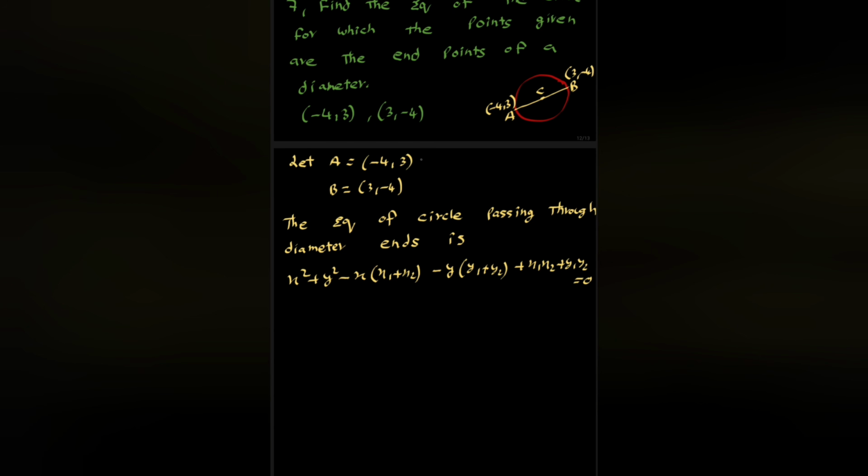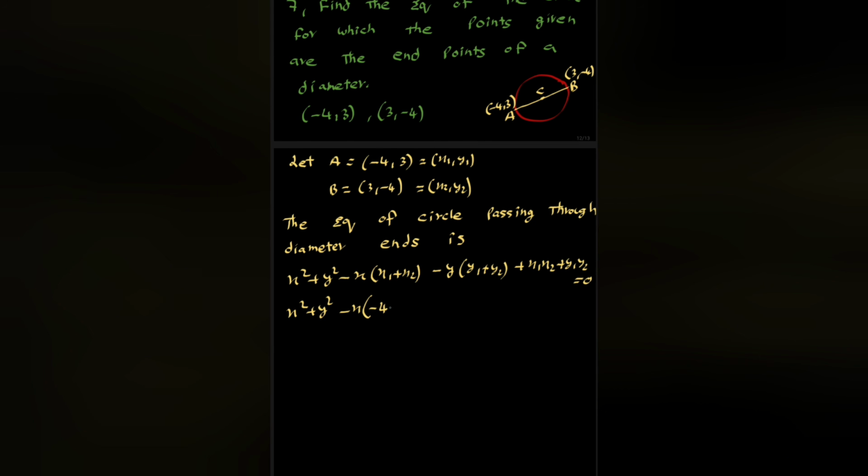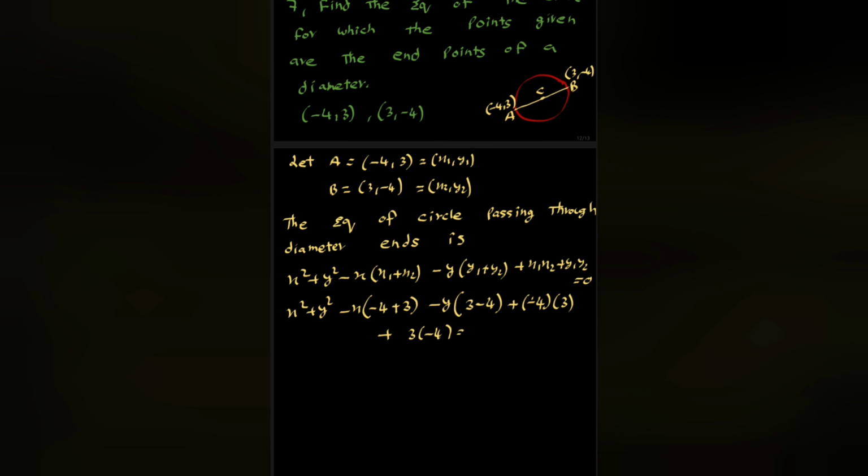So let A is equal to x1, y1 and B is equal to x2, y2. So substitute, we get x square plus y square minus x into x1, that is minus 4, plus x2, that is 3, minus y into y1, 3, plus y2, that is minus 4, plus minus 4 into 3, plus 3 into minus 4 equal to 0.